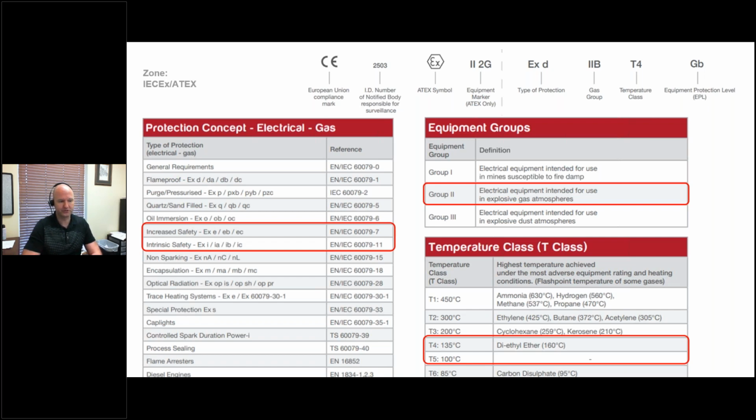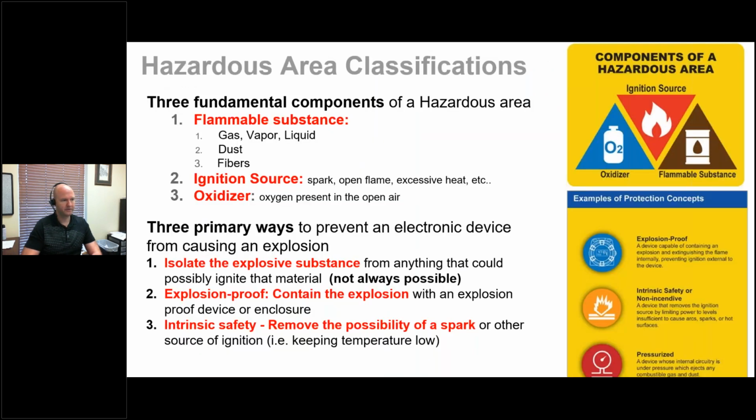That's kind of what the charge controller actually is. And then lastly is the temperature class. So typically you'll see T4 or T5 with their associated temperatures in degrees Celsius, and that basically means they are not going to exceed those temperatures, during any kind of normal operation, that we're below that point. So that talks about what temperatures they can be used in. Okay, so that's a bit of an overview.